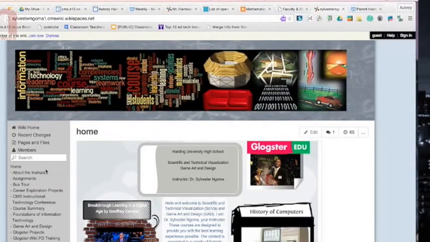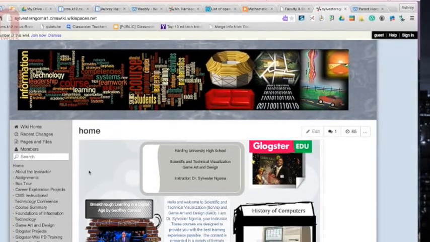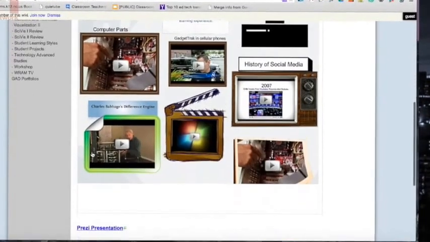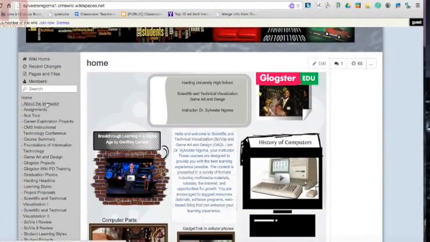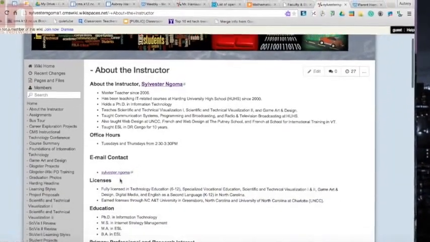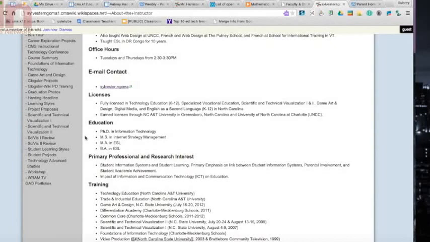Also, it's like a personal billboard for yourself. You let your students and your parents into who you are, maybe how long you've been in school, what you studied, some of the things you believe in, your philosophies in terms of what's important to you in education, and what you feel is important to improving the educational experience of the child.